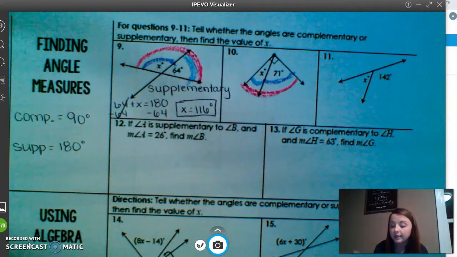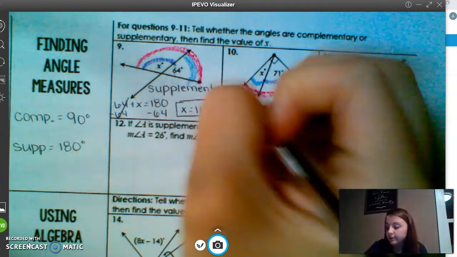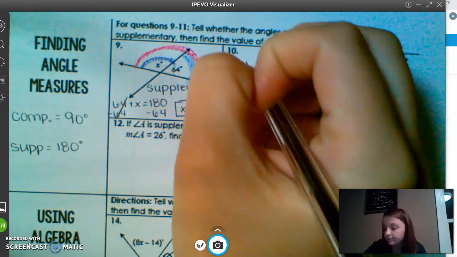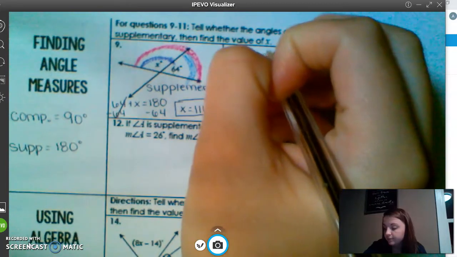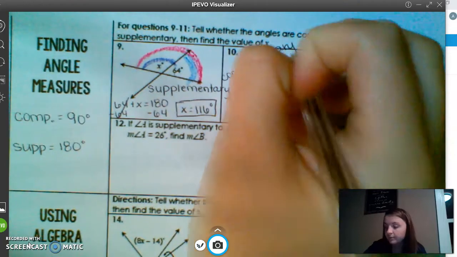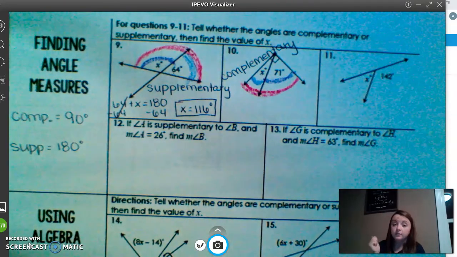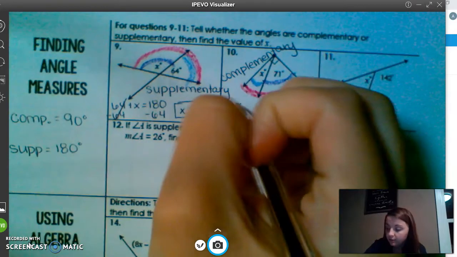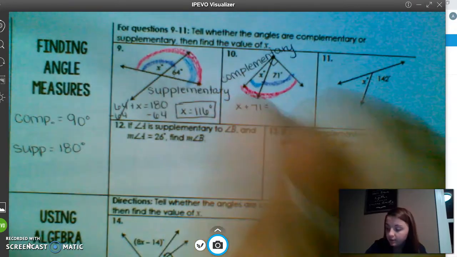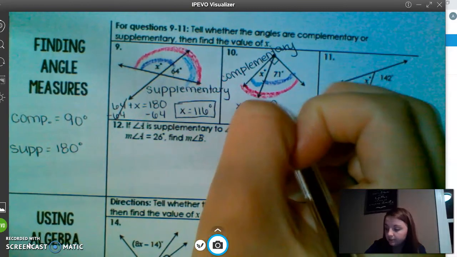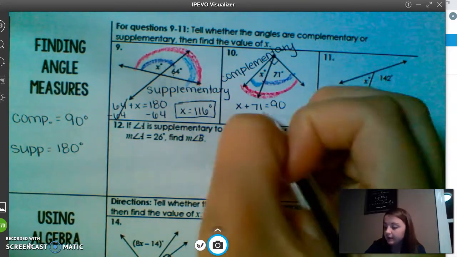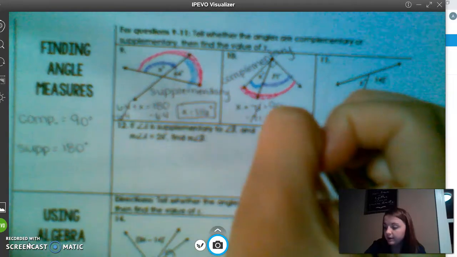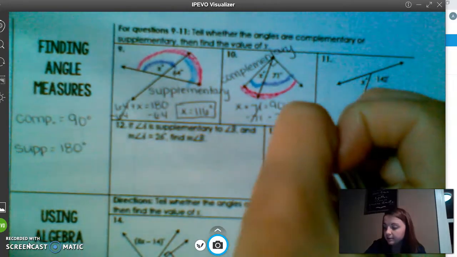A right angle or 90 degrees. So they are complementary. So we can do x plus 71. If they're complementary, their sum will be 90. Well, I can subtract 71 from both sides, and I'll get that x equals 19 degrees.